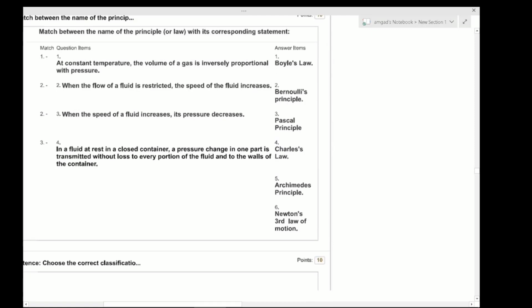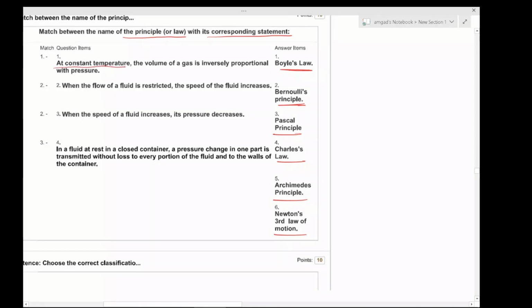Match the name of the principle with its corresponding statement. Boyle's law, Bernoulli principle, Pascal principle, Charles law, Archimedes principle, Newton's third law. Let's see the first one.